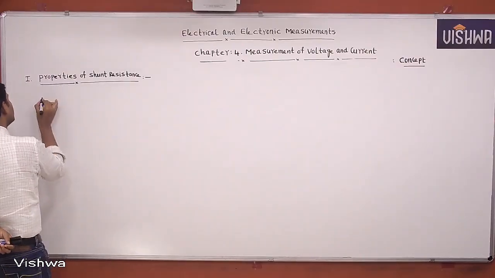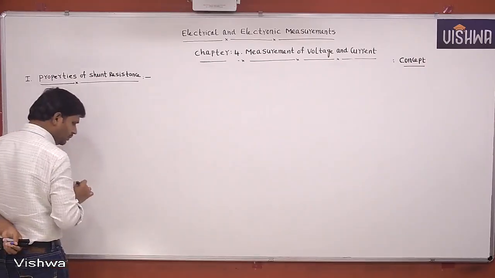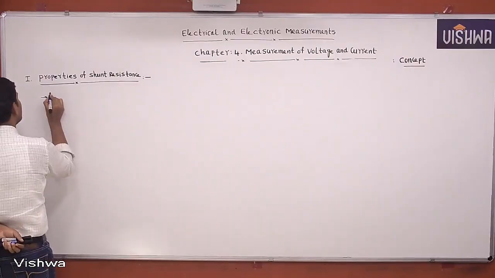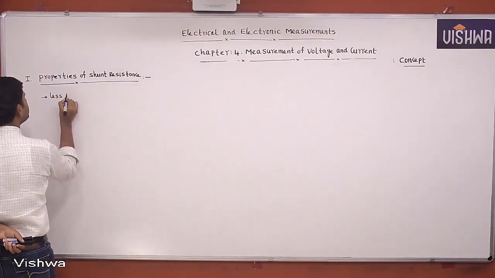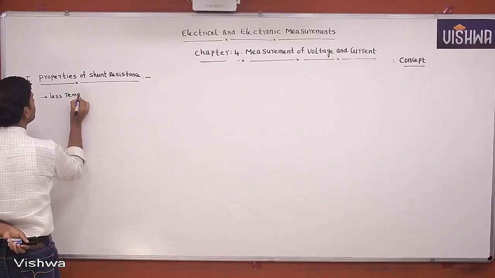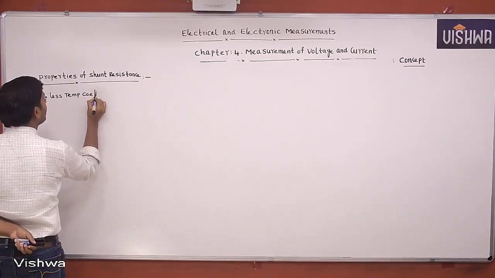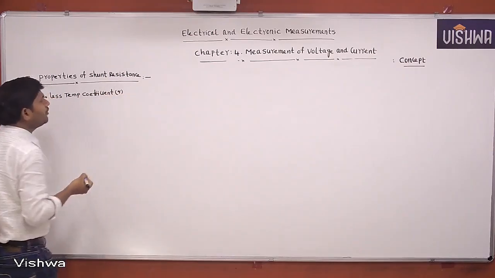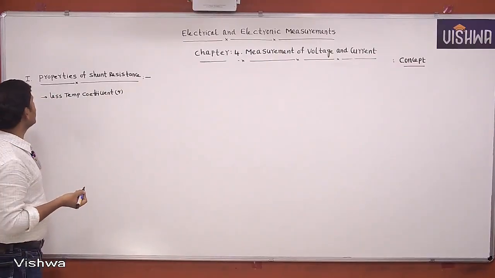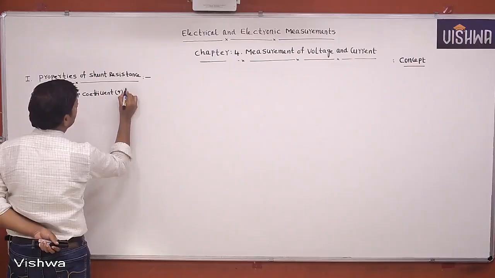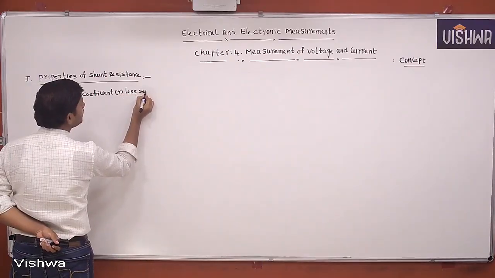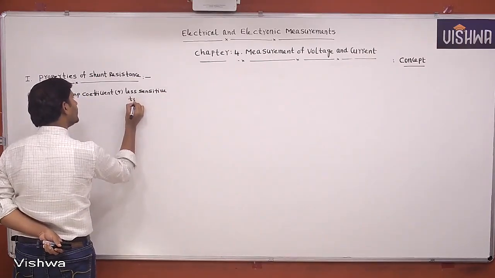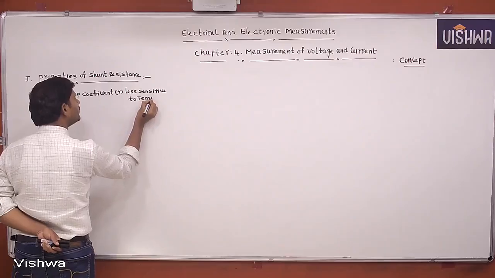One property is that it must have a low temperature coefficient, or be less sensitive to temperature. The material having a low temperature coefficient is less sensitive to temperature. This is one of the properties of shunt resistance.